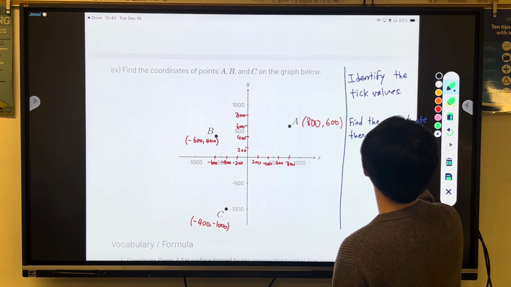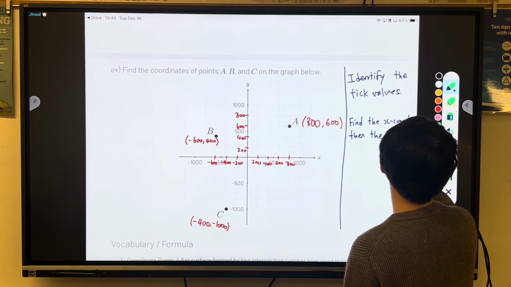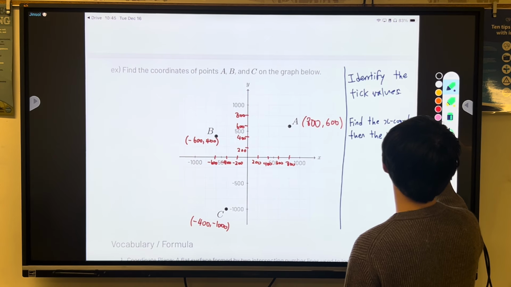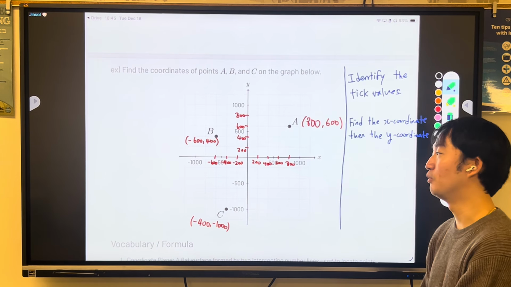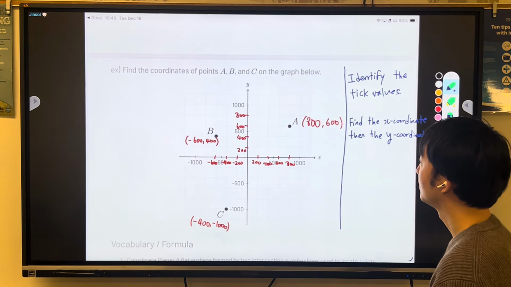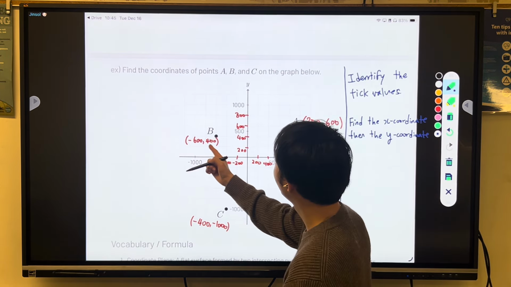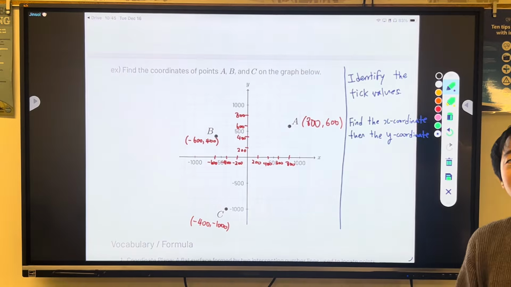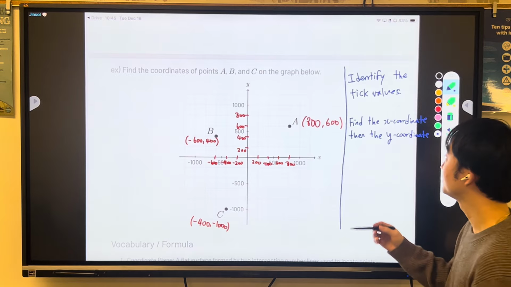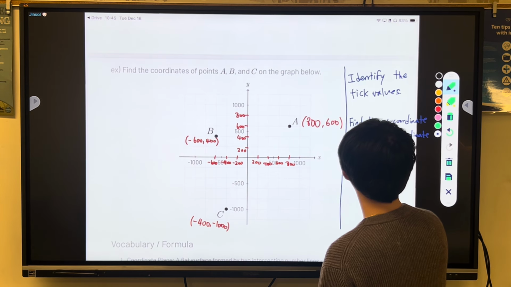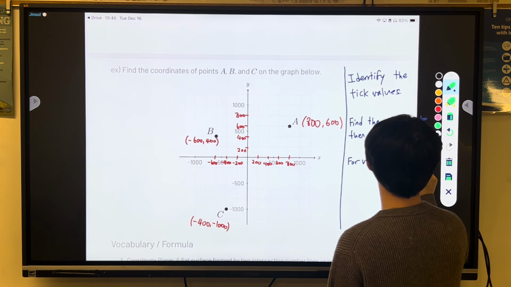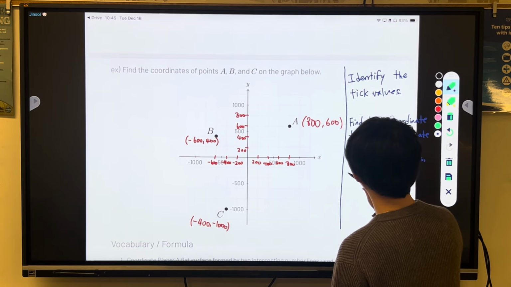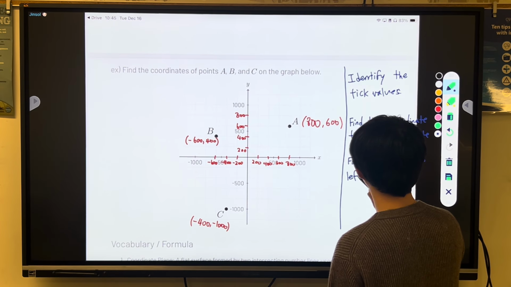Then the y coordinates. Same idea. It's easier if you first find the x coordinates and then you find the y coordinates. Okay. And for the B's and C's, remember that for negative values, you go left or down.